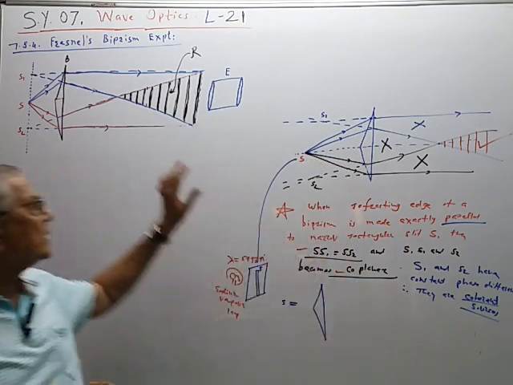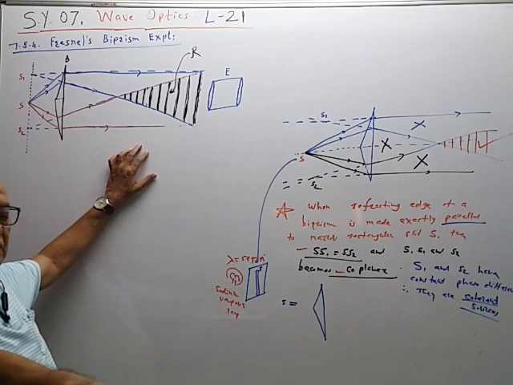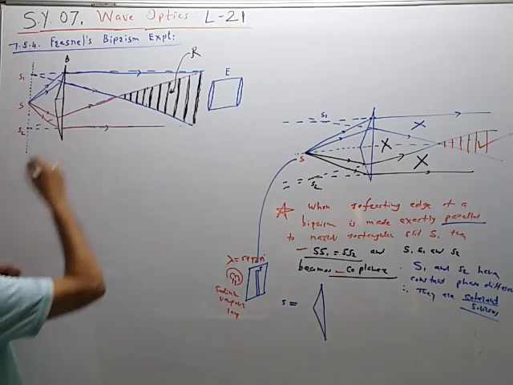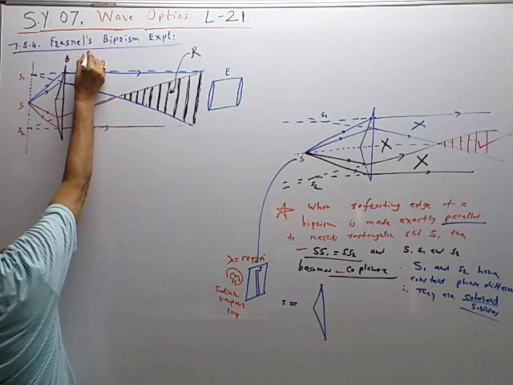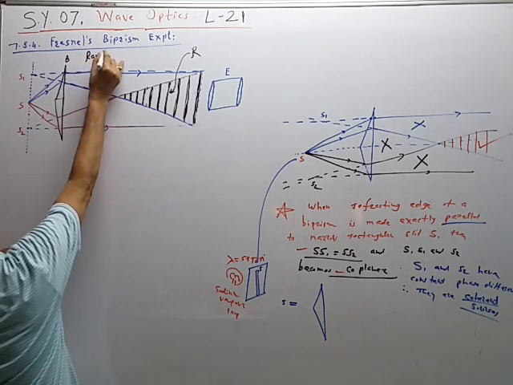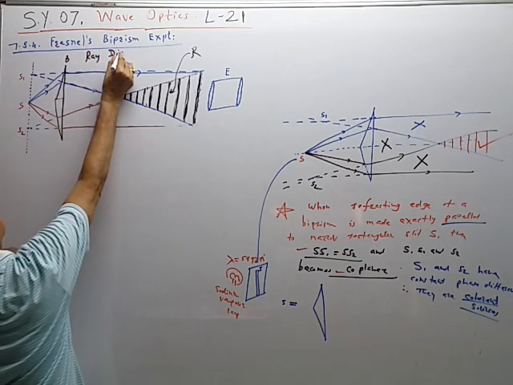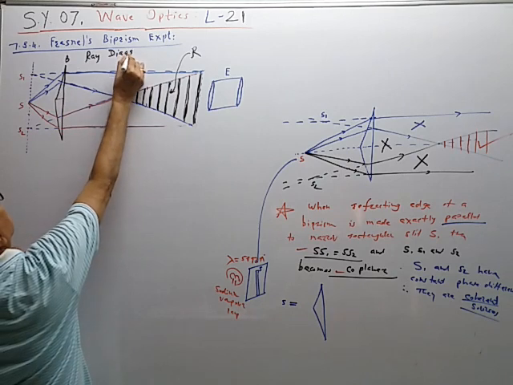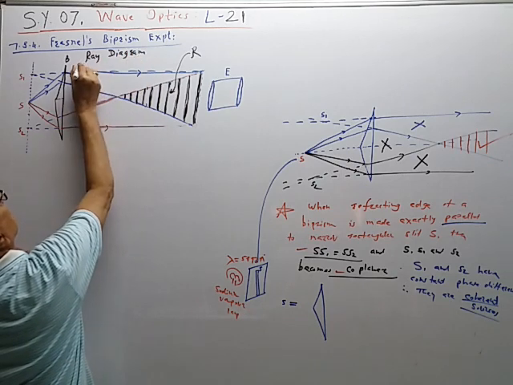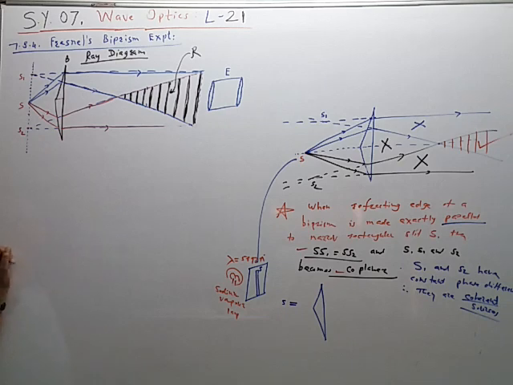So this is the complete ray diagram of the Fresnel's biprism experiment.